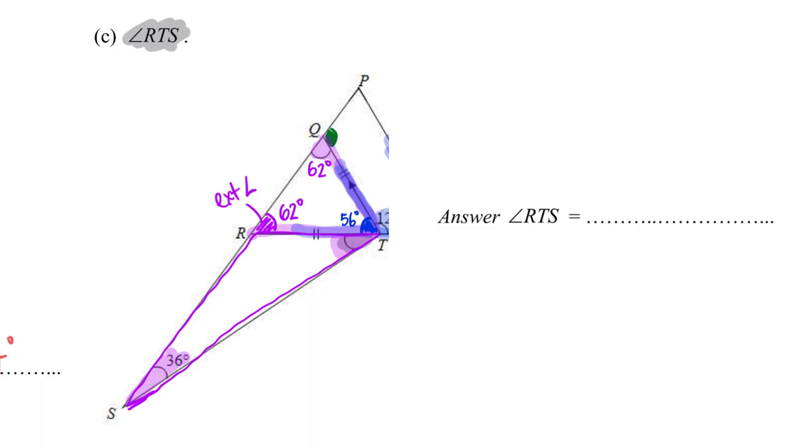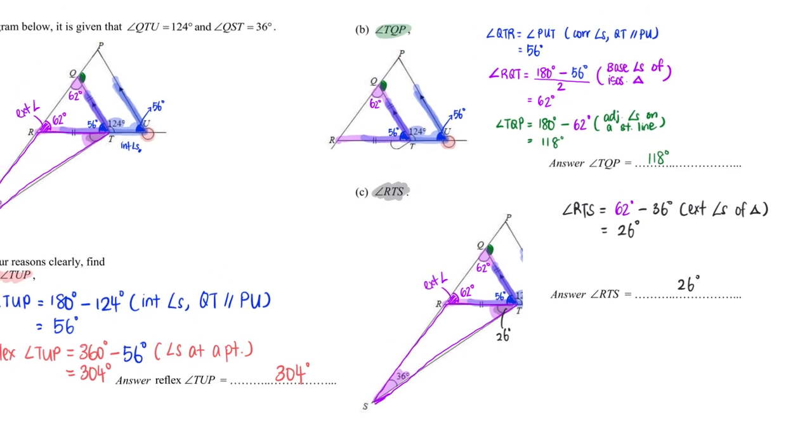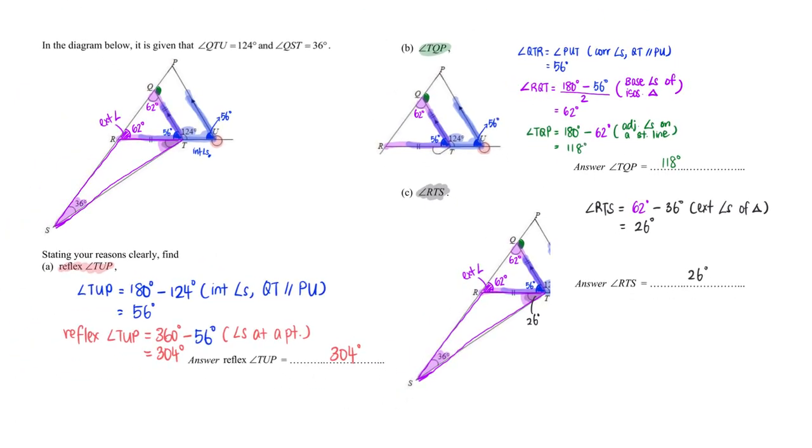And so for angle RTS, it is simply 62 degrees, the exterior angle, minus away the 36 degrees, because we are using the exterior angle of a triangle to solve, and I will get 26 degrees. So this will be 26 degrees. All right. Well, with that, we have come to the end of this question. And let's move on to the next question.